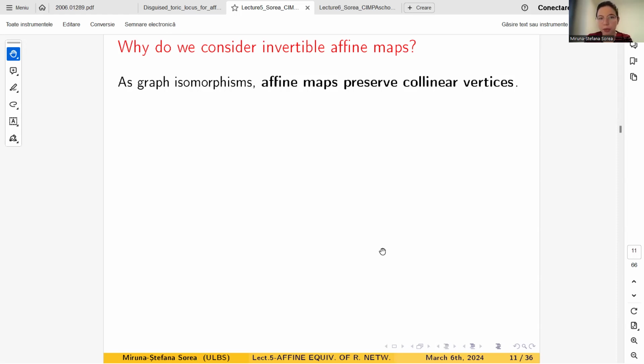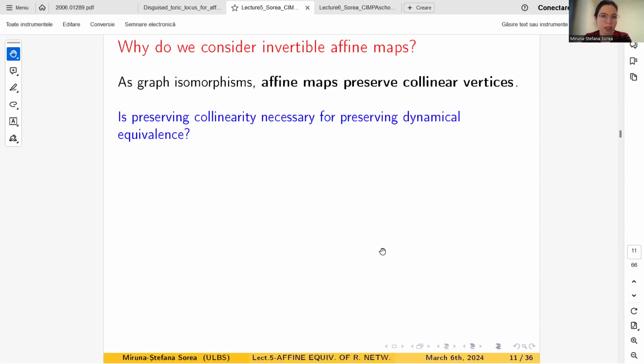That's a property of invertible affine maps, not only of those, but first of all, what does this mean? So you might wonder if preserving collinearity of vertices is necessary for the preservation of dynamical equivalence.